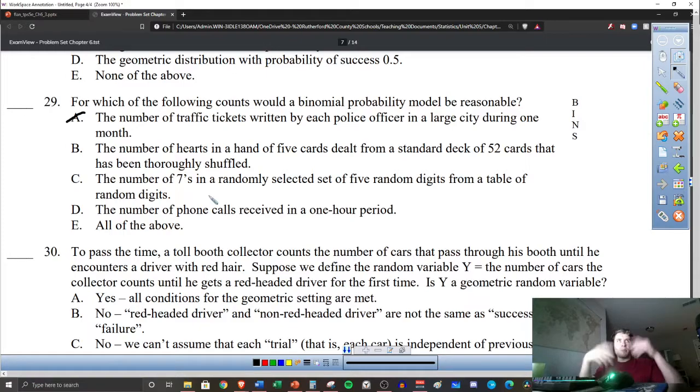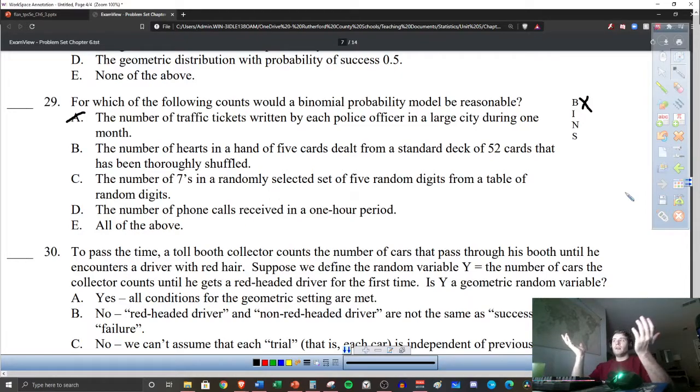And this is the thought process you want to have when you're looking at some of these. Next, the number of hearts in a hand of 5 cards dealt from a standard deck of 52 cards that has been thoroughly shuffled. I take issue with this one being binary, because you could get 0 hearts, 1 heart, 2 hearts, you could get a full hand of hearts, right?